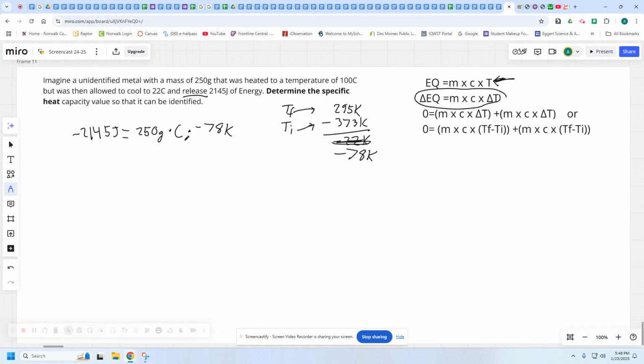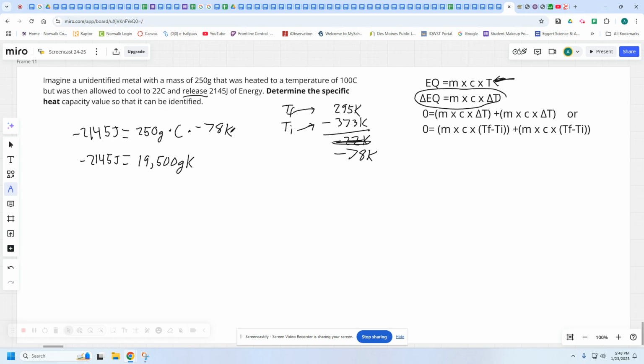Now the next thing to do is to start working on isolating the C variable. I'm going to take the negative 78 times the 250 grams and rewrite my relationship. When I multiply the 250 grams times the negative 78 Kelvin change, I get 19,500 grams Kelvin.